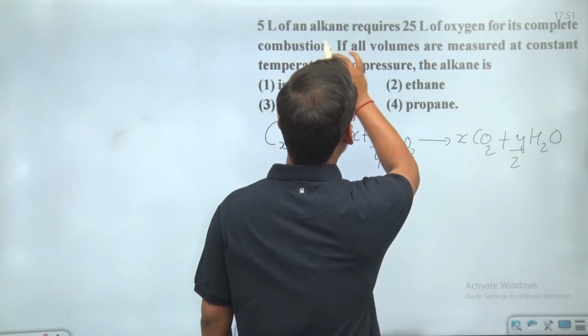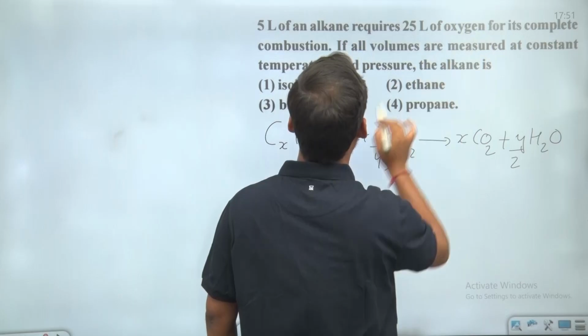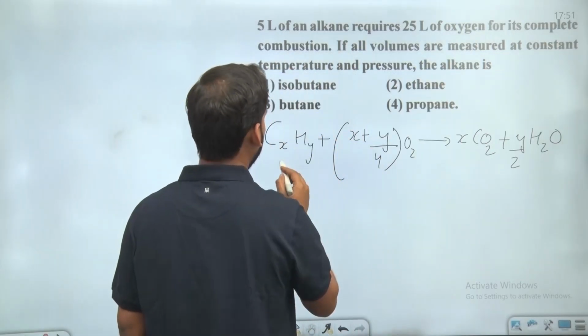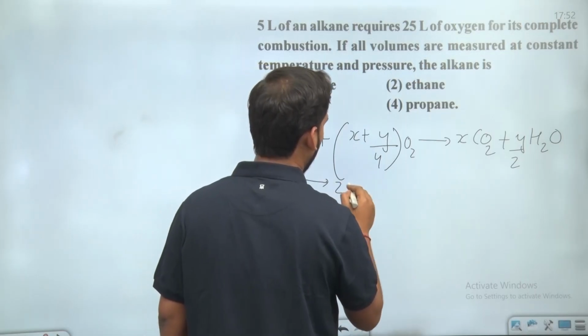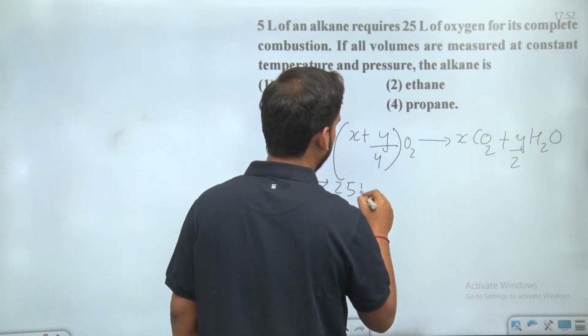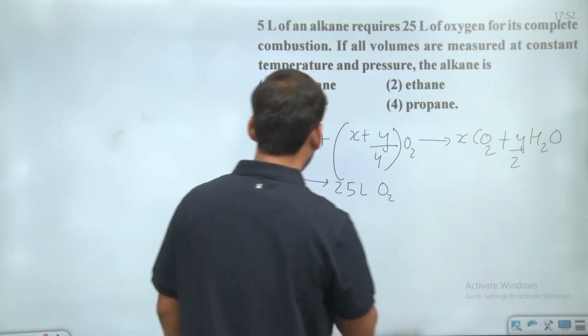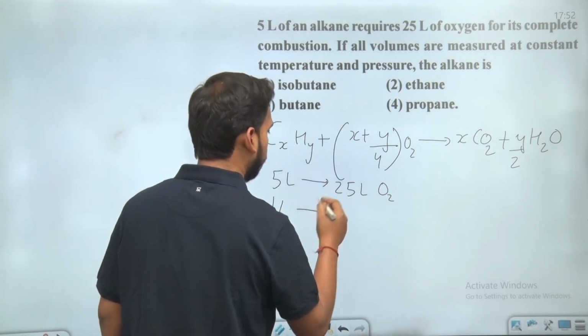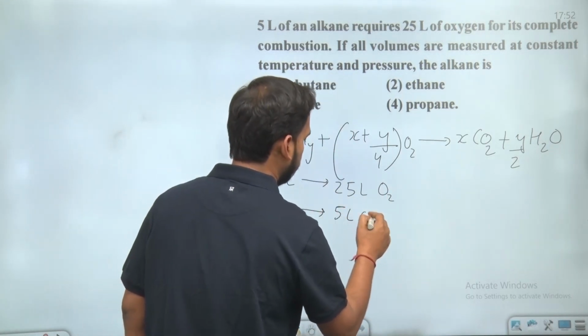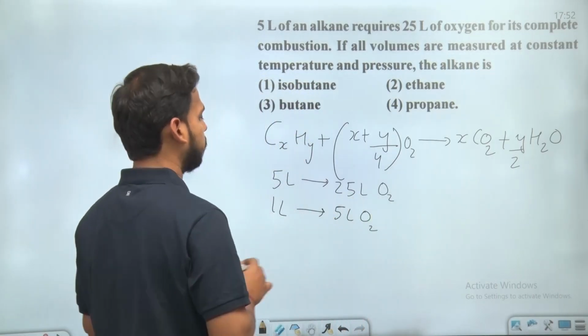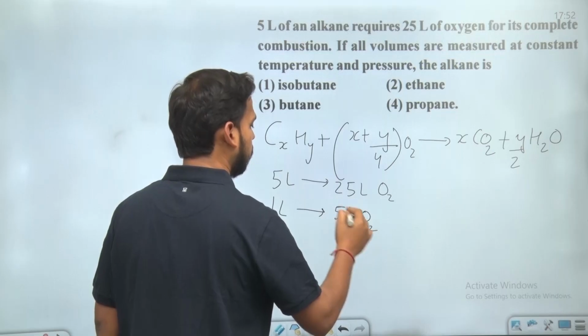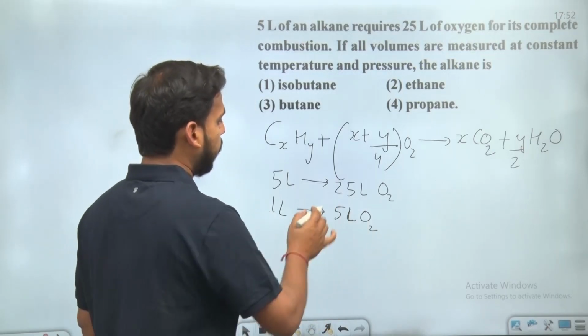So here 5 liters of alkane requires 25 liters of oxygen. So 1 liter will require 5 liters of oxygen.